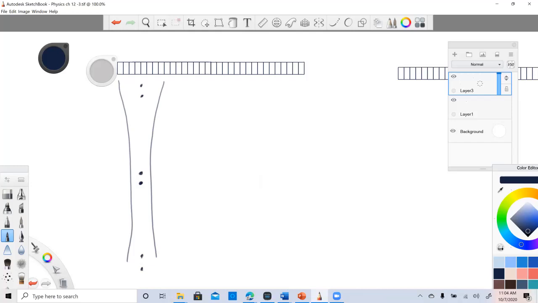Then we also talked about lateral resolution.